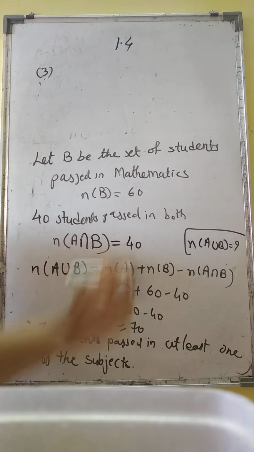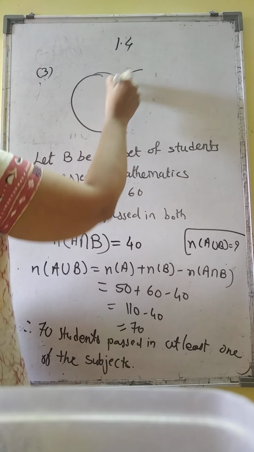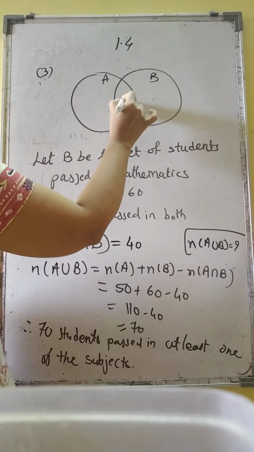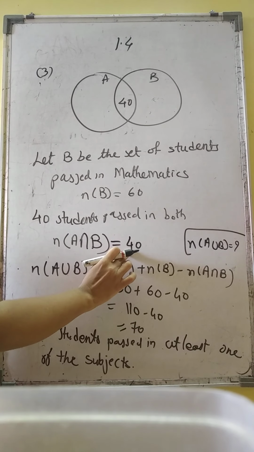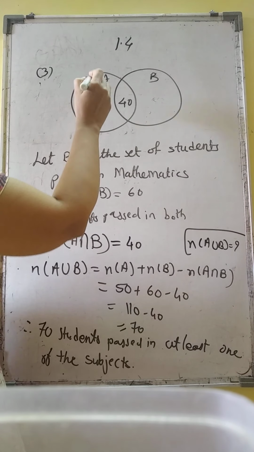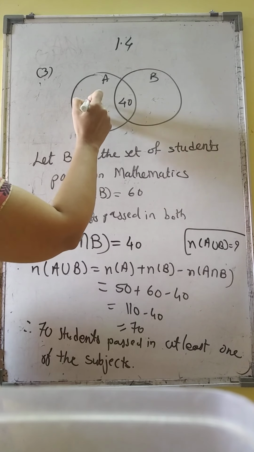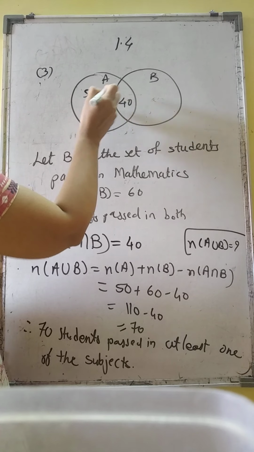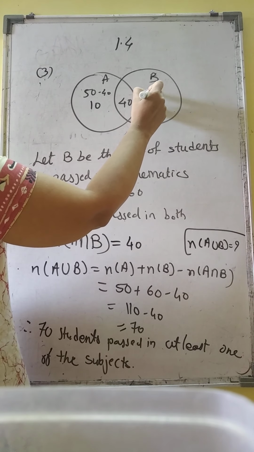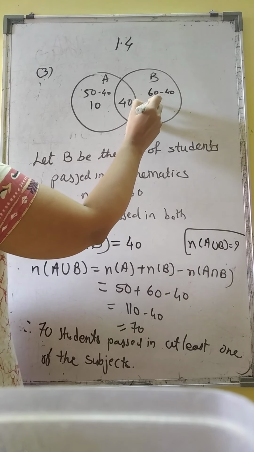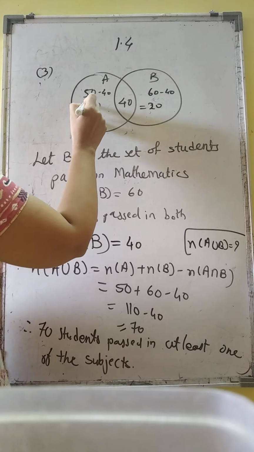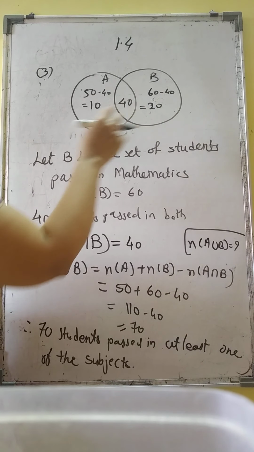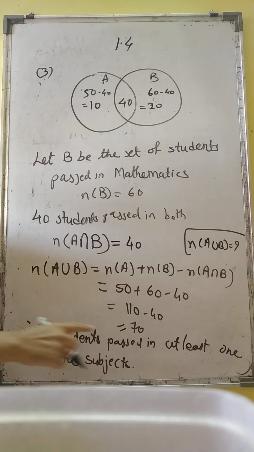You have two sets A and B. Out of this, intersection is 40, right? Now here there are 50, so 10 will come here, 50 minus 40. And here it will be 60 minus 40, that is 20. Is it clear? So now add up 10 plus 40 plus 20. Is it coming to 70?